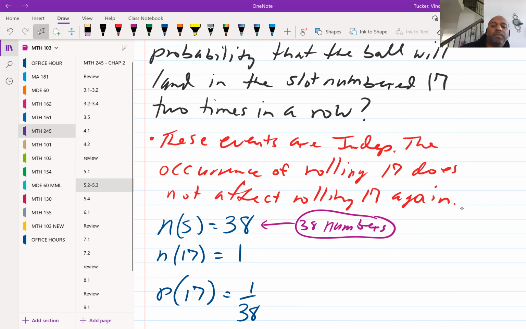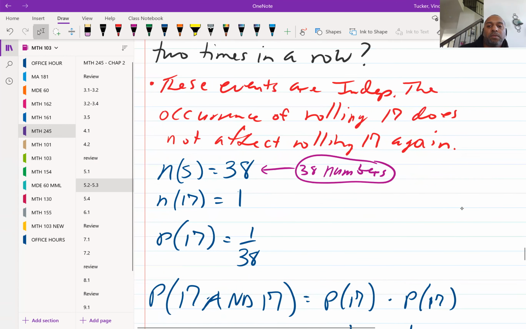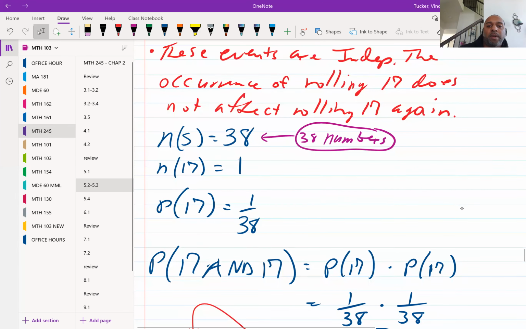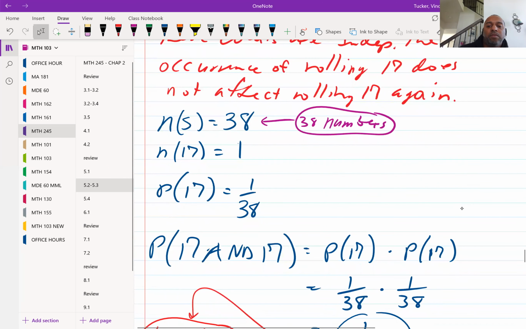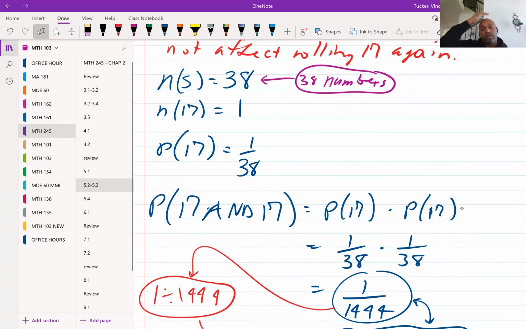Everybody good? Anybody still copying the red? All right, hold on. Somebody said something.